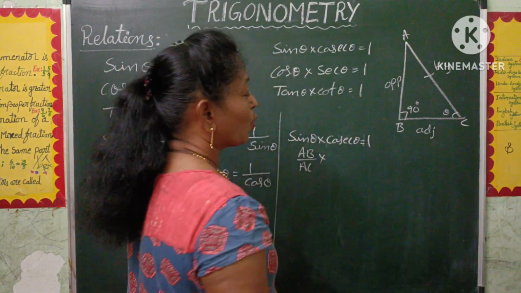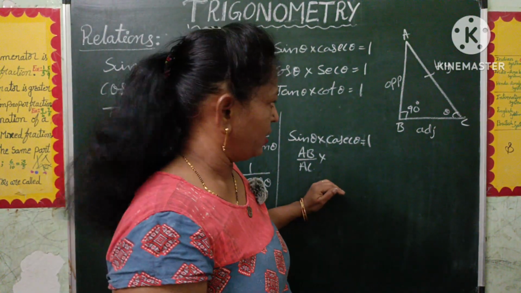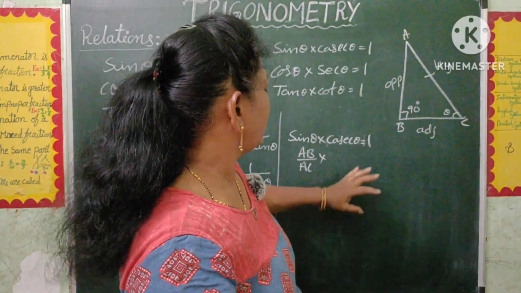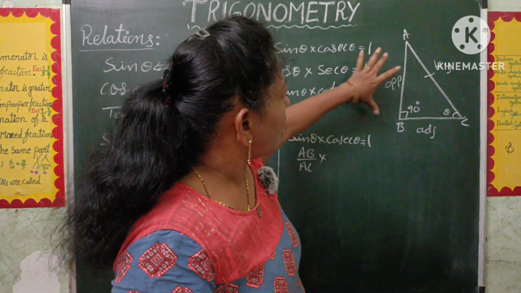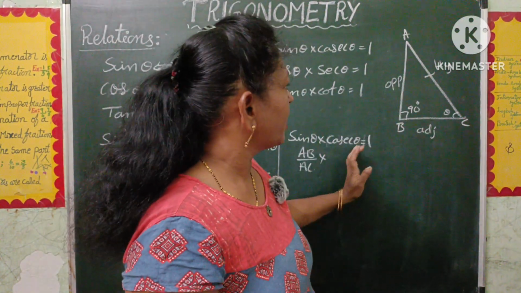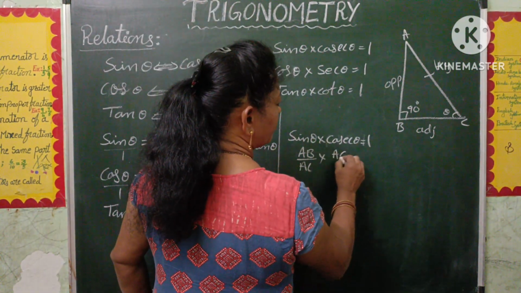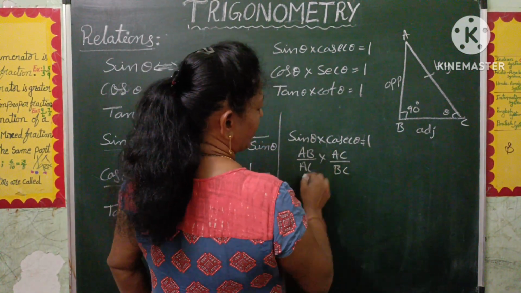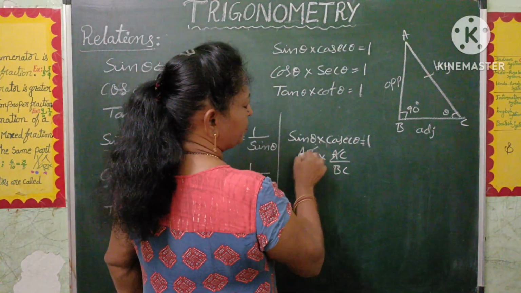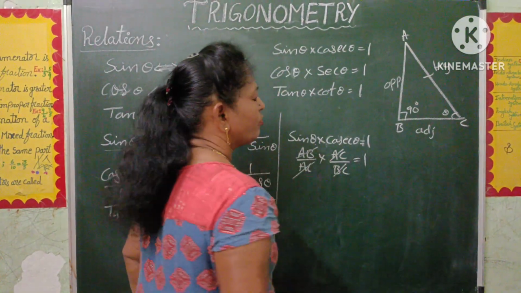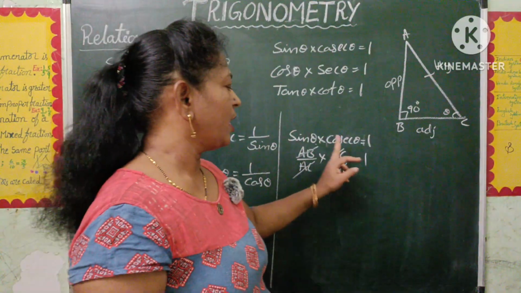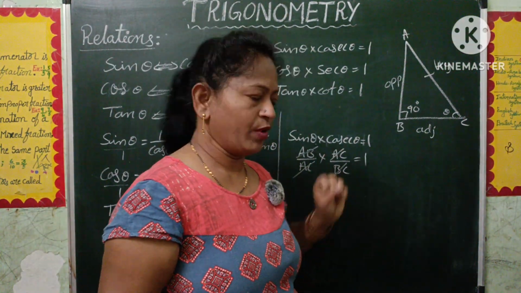Cosecant is the reciprocal of sine. Sine is opposite by hypotenuse, cosecant is hypotenuse by opposite, so AC by BC. Now AC cancels, BC cancels, equal to 1. So sin theta into cosecant theta equal to 1.